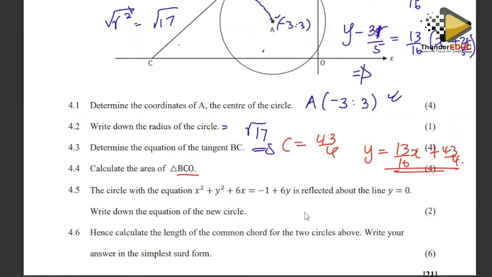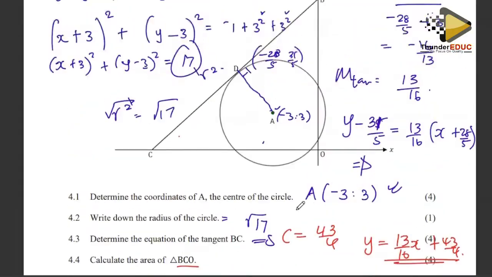Then they want the area of BCO. B, C, and O. Okay, so what this asks for us, we need the coordinates of C, we need the coordinates of A, which are basically the intercepts, okay? So meaning if x is 0, y is going to be 43 over 4. If y is 0, okay, we're going to get x to be negative 172 over 13.